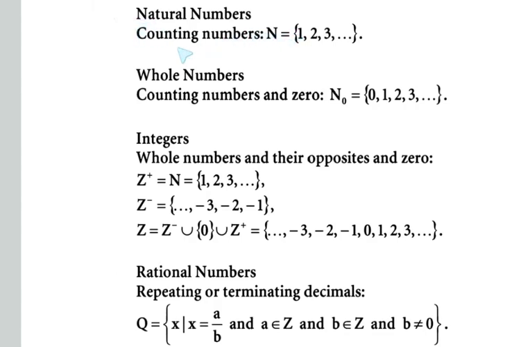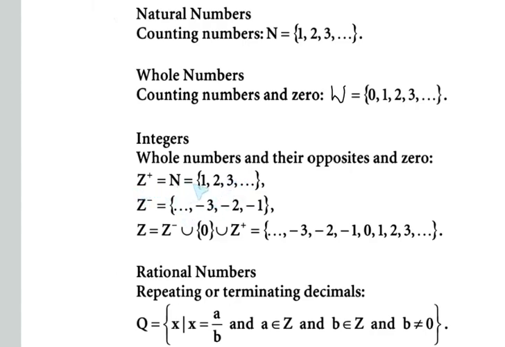Natural numbers: counting numbers are called natural numbers, that equals 1, 2, 3, 4, 5, and so on. It's the set {1, 2, 3, 4, 5, ...}. Whole numbers: counting numbers with 0, that is 0, 1, 2, 3, 4, and so on, are called whole numbers. Integers: whole numbers and their opposites, together with 0, are called integers.